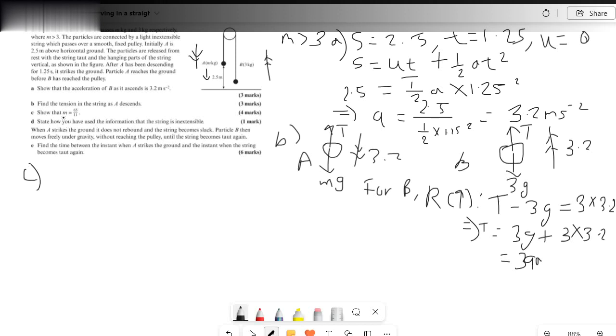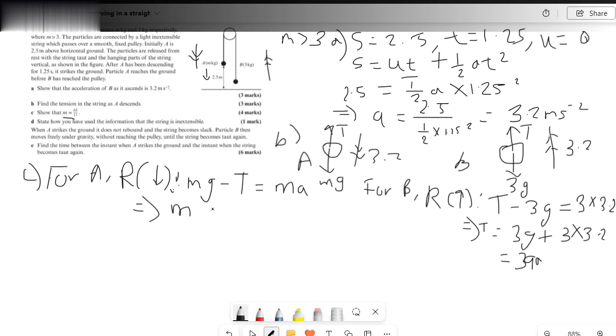For part C, we have to show that m is equal to 65 by 11. So now we can use the system for A, where we resolve downwards because the acceleration is downwards. So we can say that mg minus tension is equal to ma, using Newton's second law, F is equal to ma. So making m the subject, mg minus ma is equal to tension.